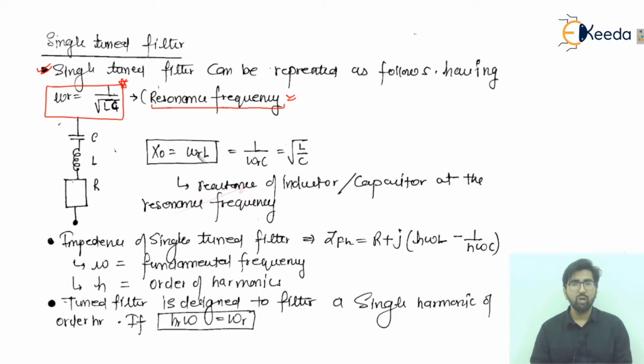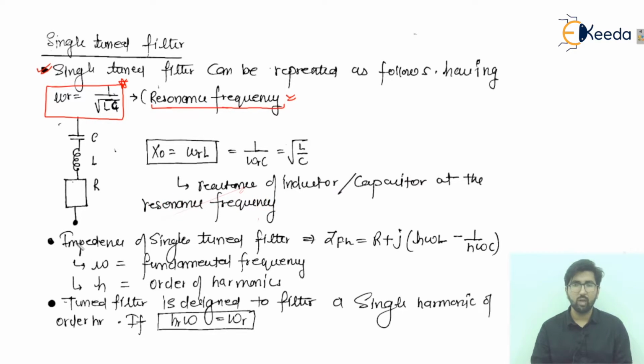Generally we use 2 pi fL for XL, and 1 upon 2 pi fC for XC, but since we are talking about the resonance frequency, we are taking omega r here. These are the reactances of the inductor and the capacitor at the resonance frequency.